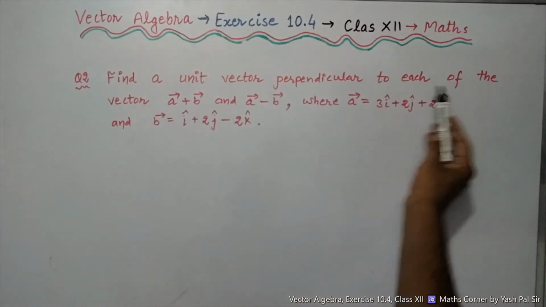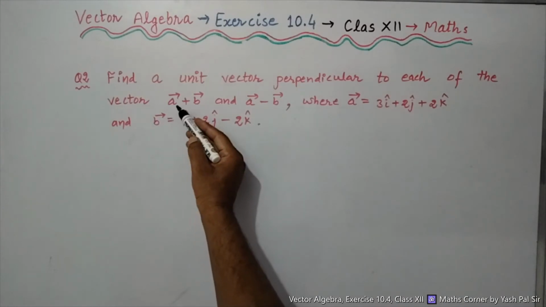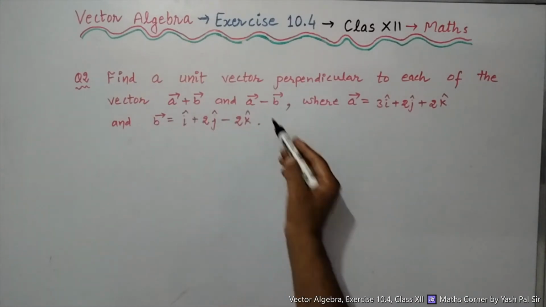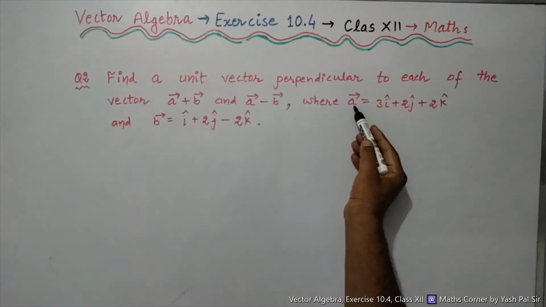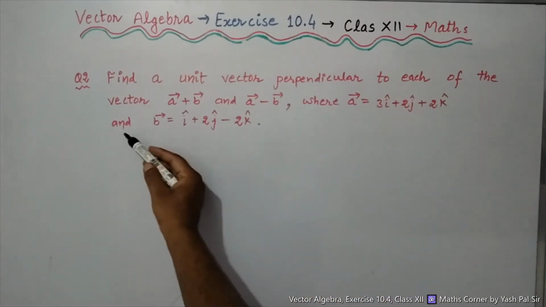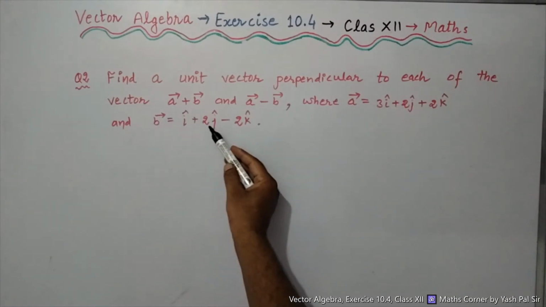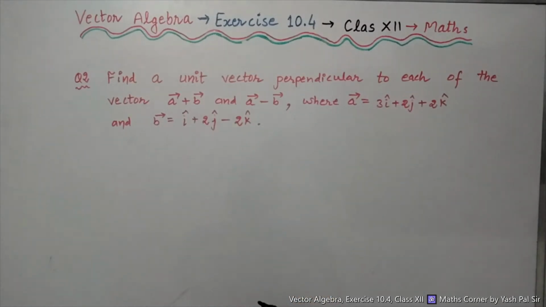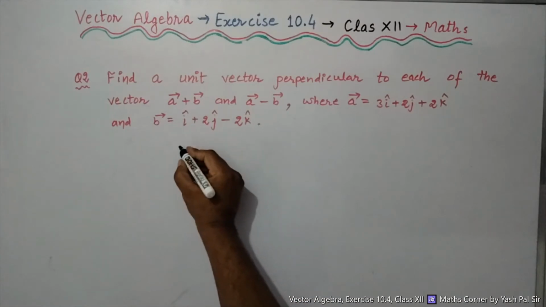Find a unit vector perpendicular to each of the vectors a plus b and a minus b, where vector a is equal to 3i plus 2j plus 2k and vector b is equal to i plus 2j minus 2k.